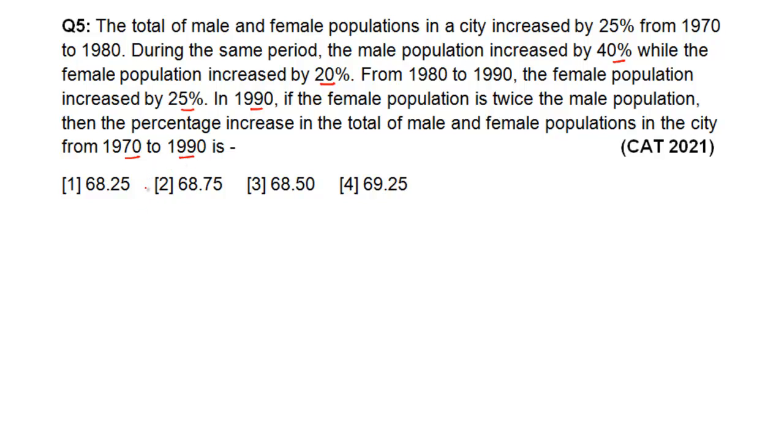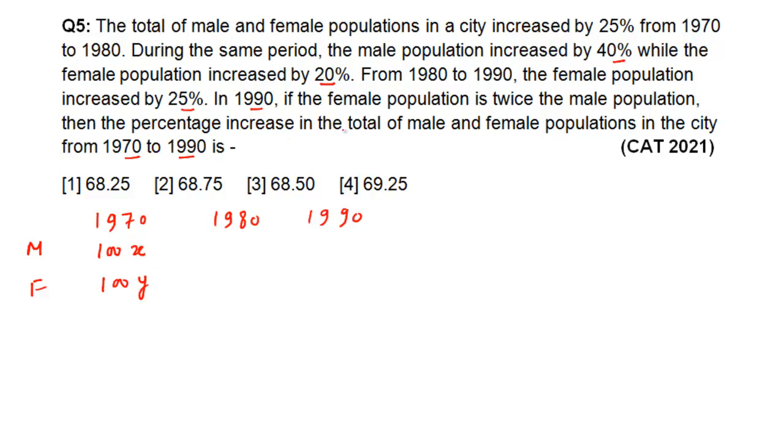So first, what we understand from this question is that a comparison of 3 different years, 1970, 1980 and 1990, is given with respect to male and female population. So we can assume that the male population is say 100x and the female population is 100y.